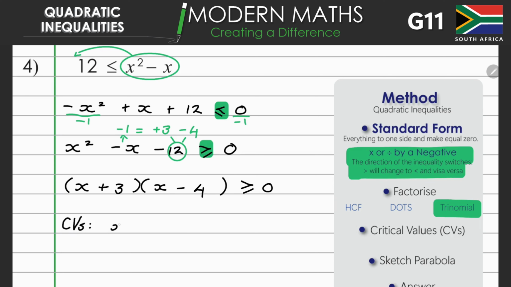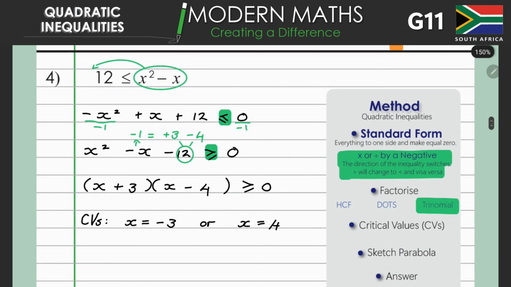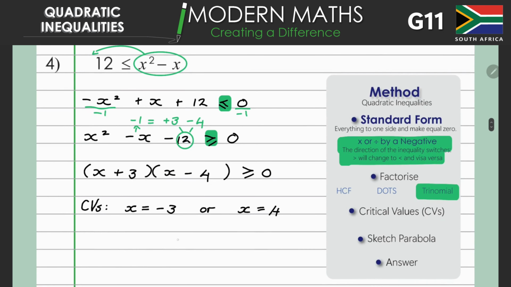My first critical value will be x equals negative 3. Remember, it's the opposite sign. And my second critical value will be x equals positive 4. Next up, we're going to sketch the parabola as always, my friends. Once we draw the parabola, we're going to have a look at what inequality we are dealing with.